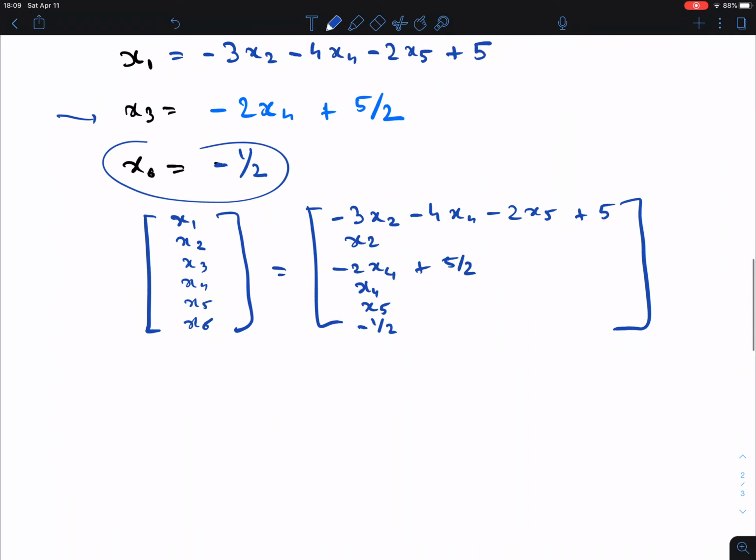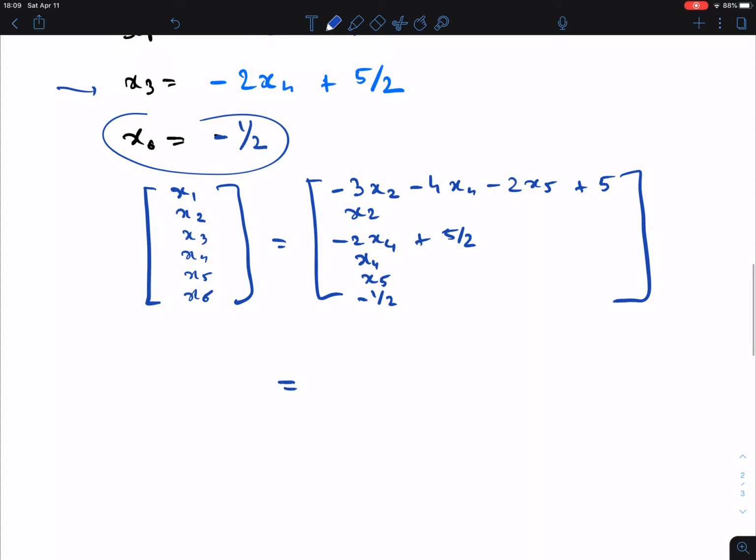Now, why do I do this? Because I want to now write this in terms of the three variables. So in other words, what I'm looking for is, in this column, what are the coefficients of x2? Well, we have a negative 3 here.